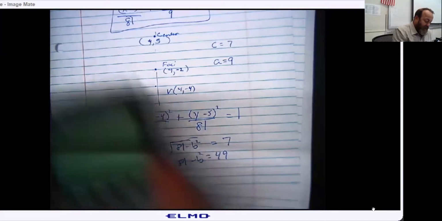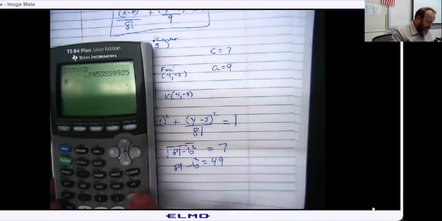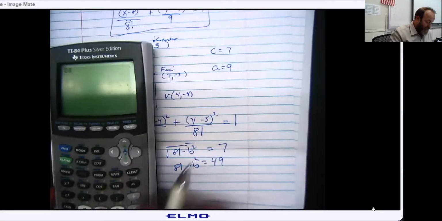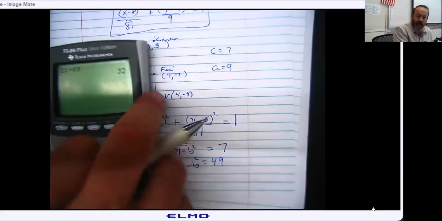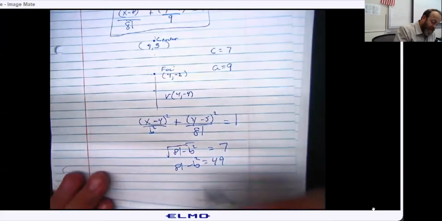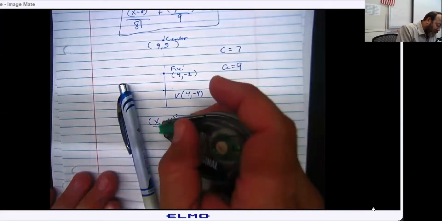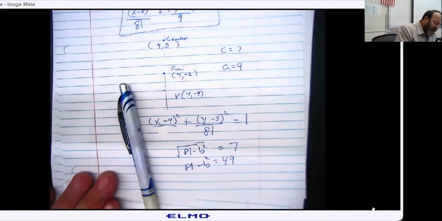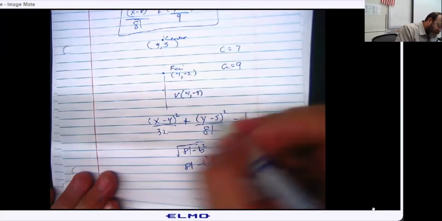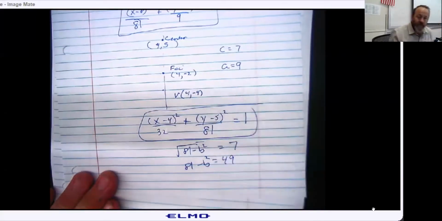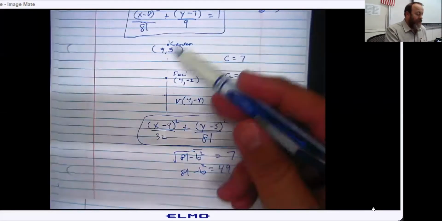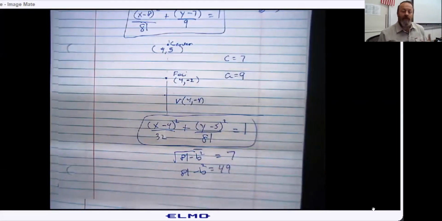And it doesn't take much to see that b squared would be 81 minus 49, and I got the number 32. And so we could replace this b squared that's sitting here with the number 32, and I now have that problem as well. So again, we don't have to have all of the data, we just have to have enough to figure out what A, B, and C are.